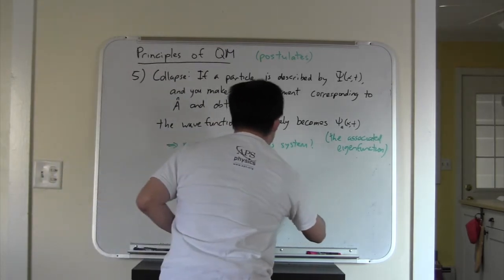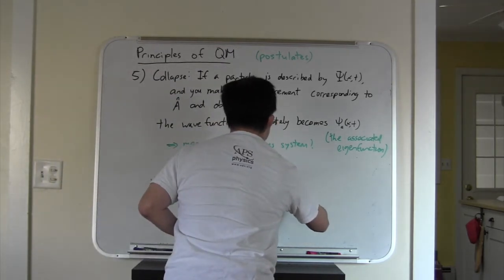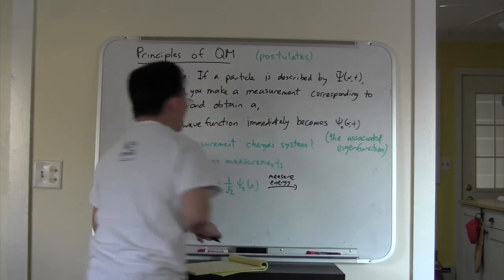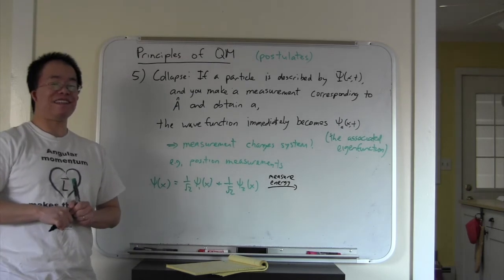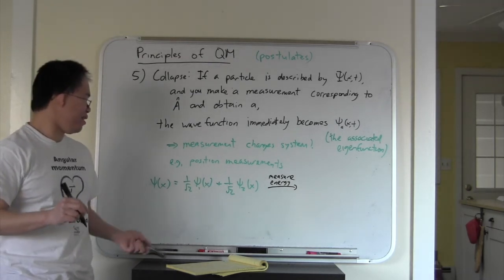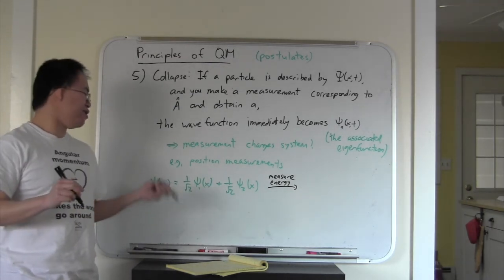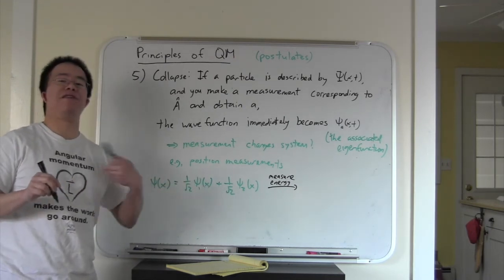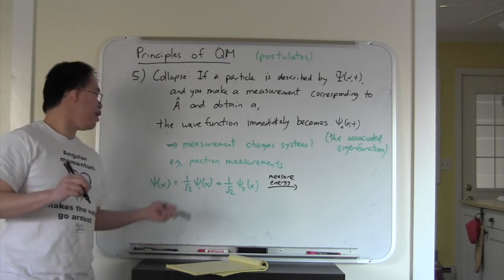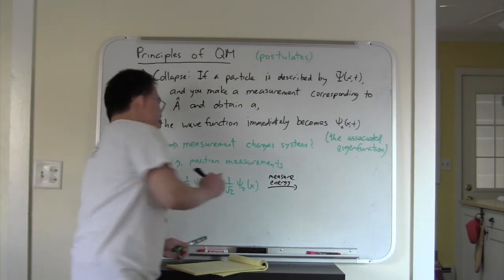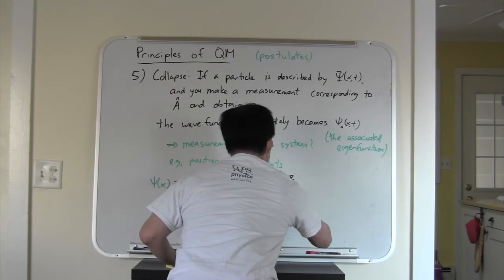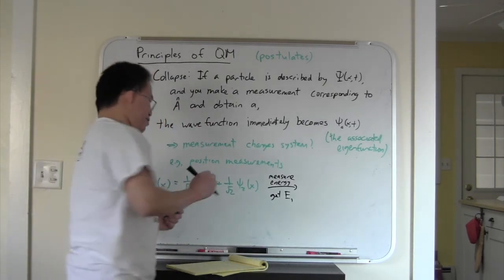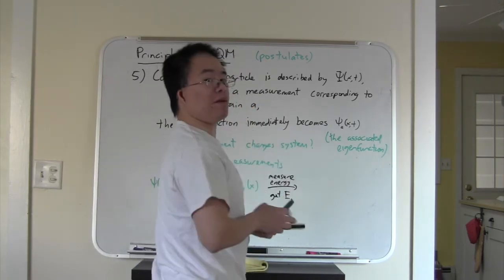If I measure the energy and I get the ground state energy E1, and you can see from this superposition that I have a 50-50 probability of getting E1 or E2, then when I get E1, my wave function suddenly becomes the ground state wave function.